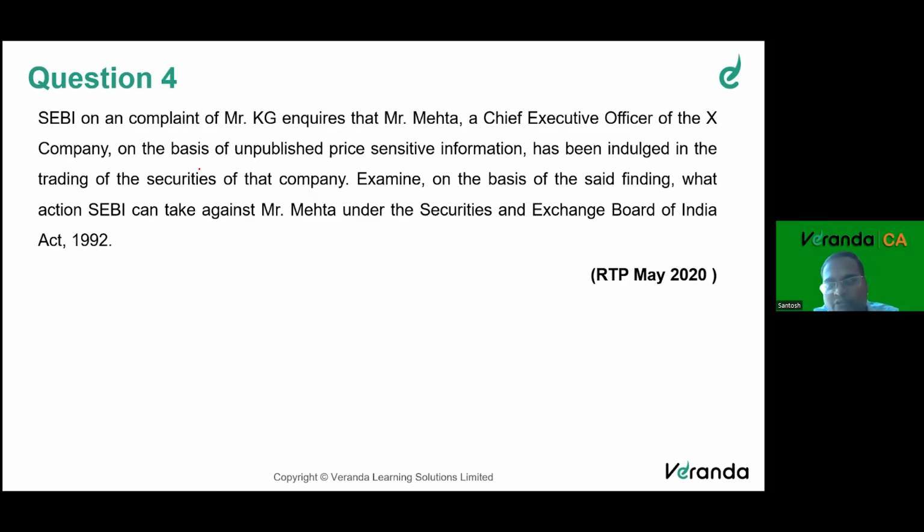Companies are required to maintain a structured digital database of who has access to UPSI, when they got access to it, and so on. So many regulations over the last 2-3 years. Companies are even struggling to understand how to do it, but nevertheless, UPSI has been a difficult challenge amongst all of these.